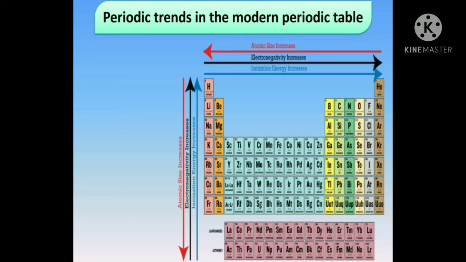The tendency of an element to form anion, or the electronegativity, is the non-metallic character of an element. As in a period from left to right, the tendency of an atom to become anion increases, so the non-metallic character increases from left to right in a period.